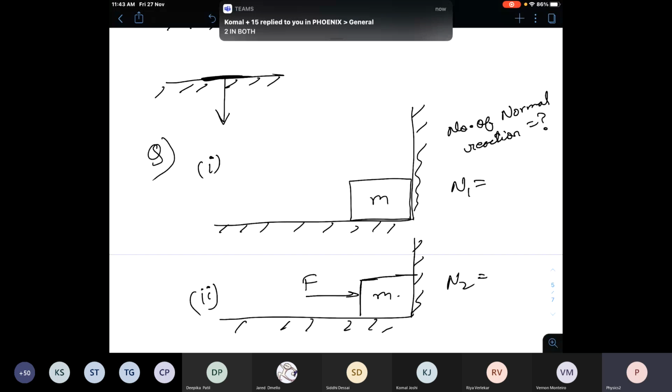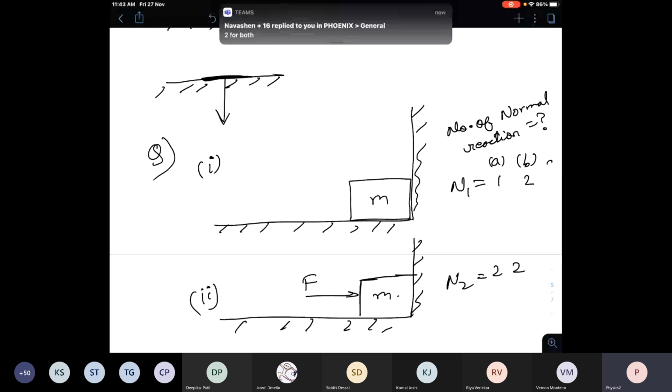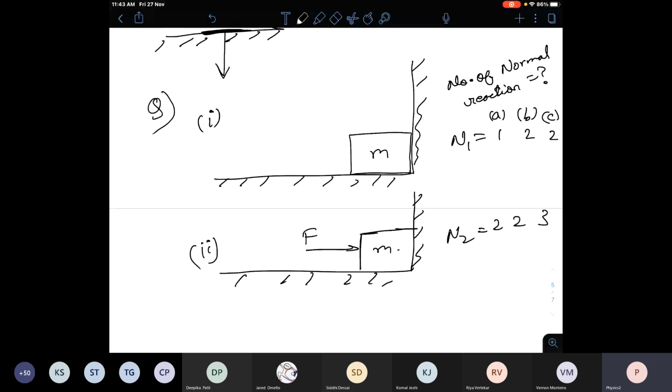Two and three. Okay, so the options which I am getting are, let's say, A option 1 and 2, B option 2 and 2, C option 2 and 3. These are the variations which I am getting. Anybody else? 0 and 2 is also there. D option, 0 and 2. Any more options? Anybody?